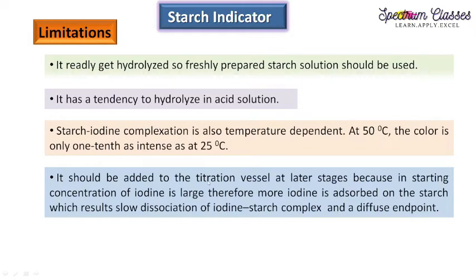Because in the starting of the titration, the concentration of iodine is very high, so this starch forms a complex with the iodine, and since iodine is high in concentration, more iodine is absorbed on the starch indicator, and this more concentrated starch iodine complex dissociates slowly, and therefore it results in a diffuse endpoint. So that is why we add this starch indicator just before the end point, when we visibly see very little color of the iodine.